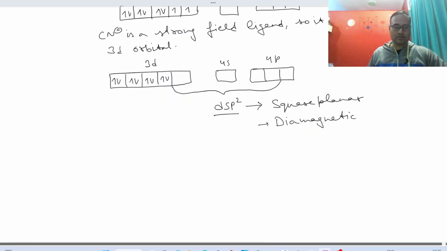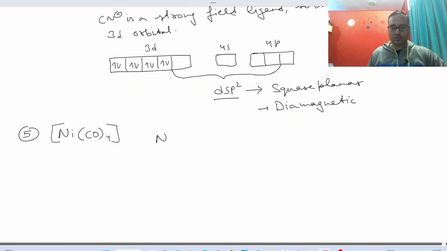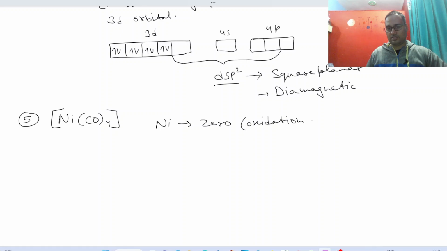Okay, now the last compound, fifth compound, is Ni(CO)4, that is nickel tetracarbonyl with no charge on it. So oxidation state of nickel would be 0.